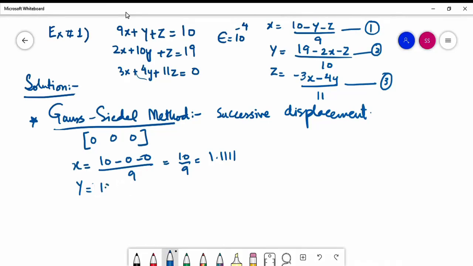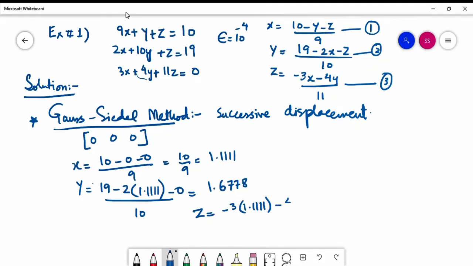So 19 minus 2, now you don't use the value of x0, now your value of x is modified, so 1.111, you use this value 1.111 minus z, which is not modified right now, divided by 10. Now your value will be 19 minus 2.222 divided by 10, so the value now is 1.6778.